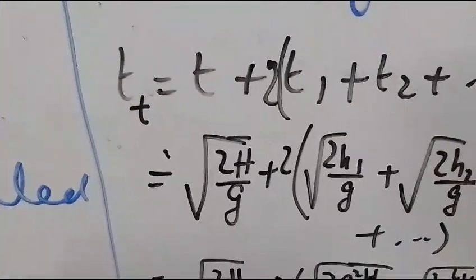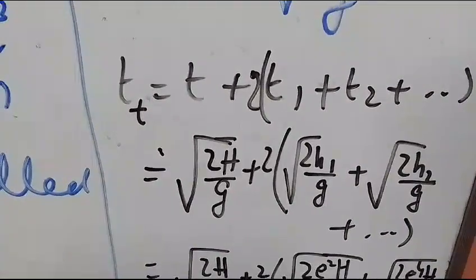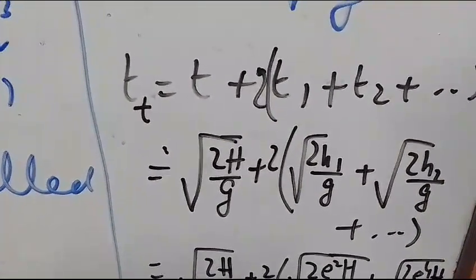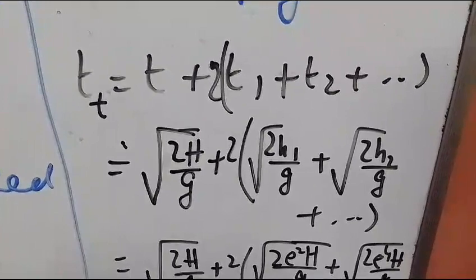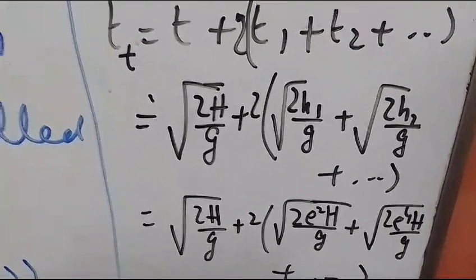So T is given by root under 2H by g, plus 2 into root under 2 h1 by g, plus root under 2 h2 by g and so on.